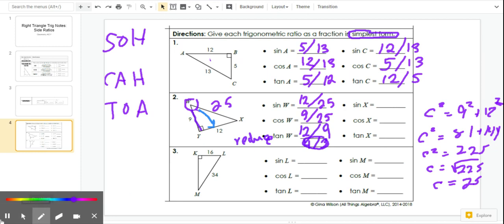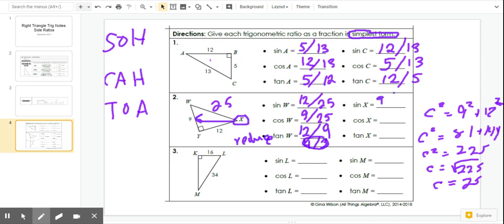All right, so sine of x now. So now we're looking at angle x. So sine of x is, sine is opposite over hypotenuse, so we need to find angle x. It's right there. Opposite of angle x, go across the triangle, it's 9.